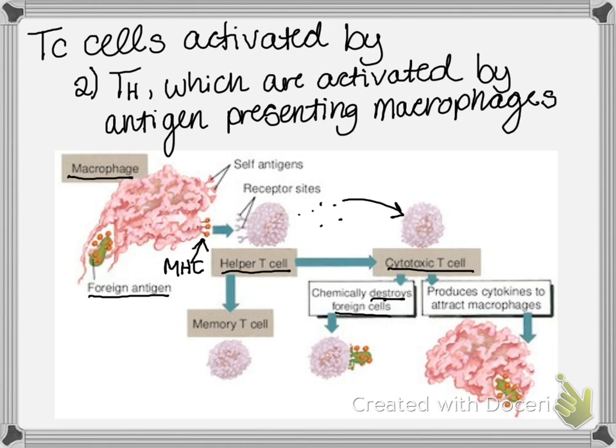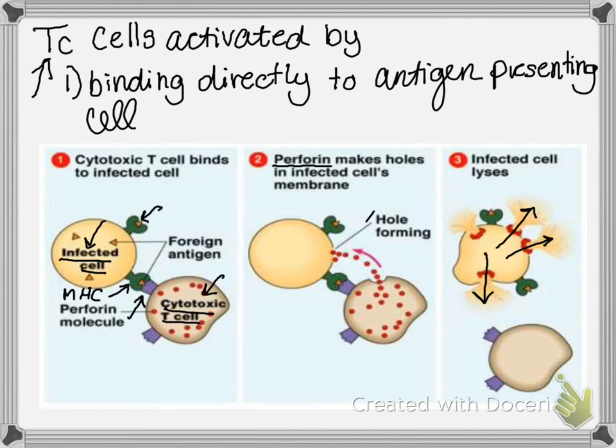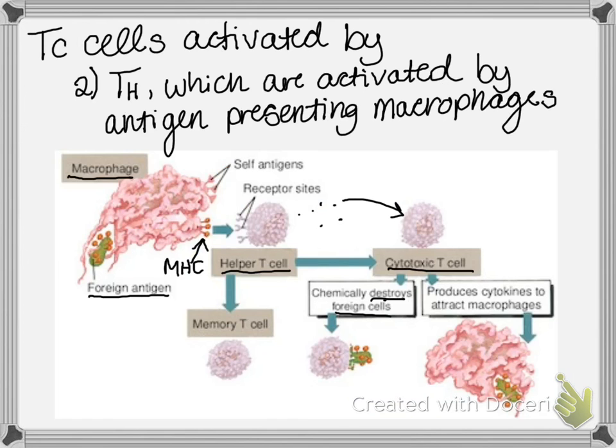When the immune system is relying on direct binding to antigen-presenting cells, that's going to be slower because by chance, the right cytotoxic T cell has to come in contact with the right infected cell. So it can take a little longer versus the recruiting process involving macrophages and helper T cells, which is more targeted and kind of, because of chemical communication, recruits more cells faster.